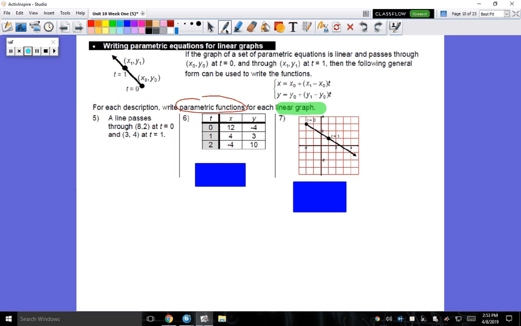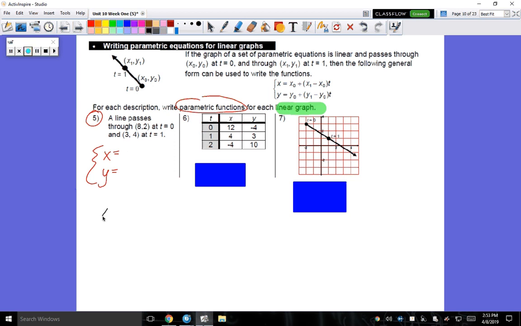All right, let's do number 5. I need to come up with parametric functions, an x equals and a y equals. Can someone tell me what I should write for x equals? Let me help you out.